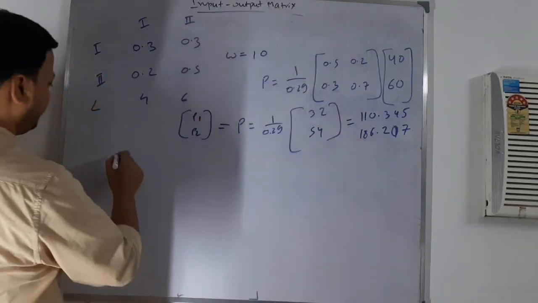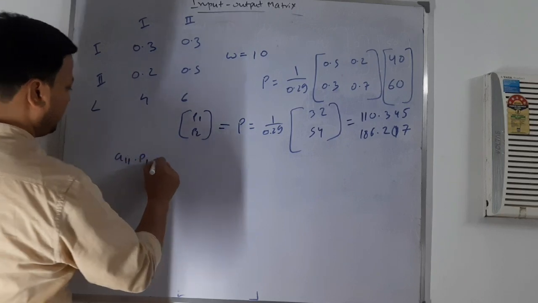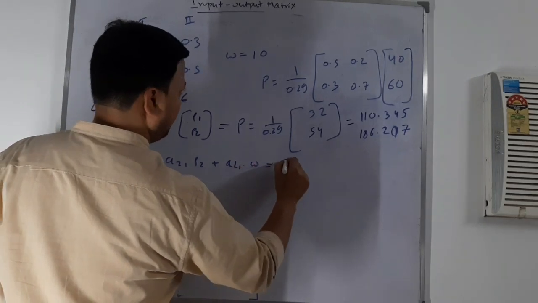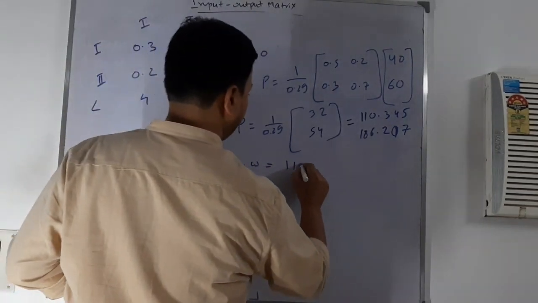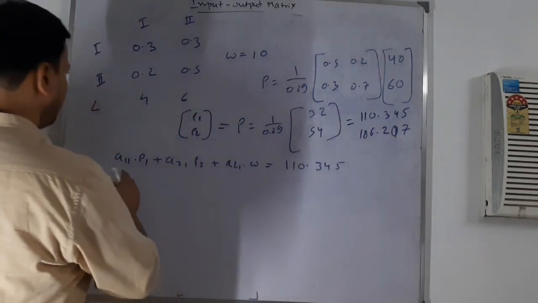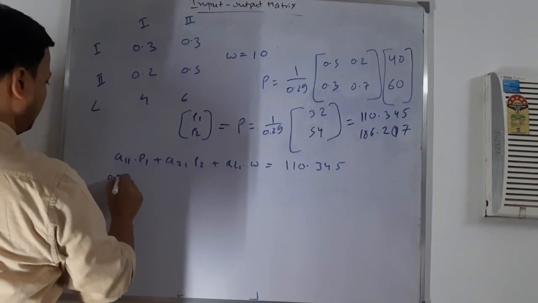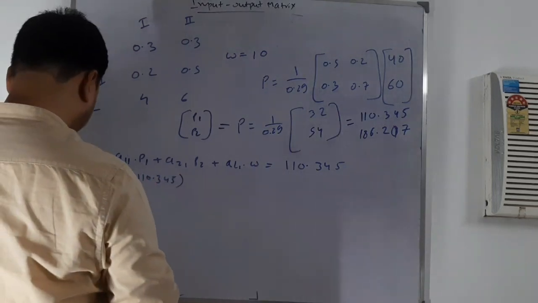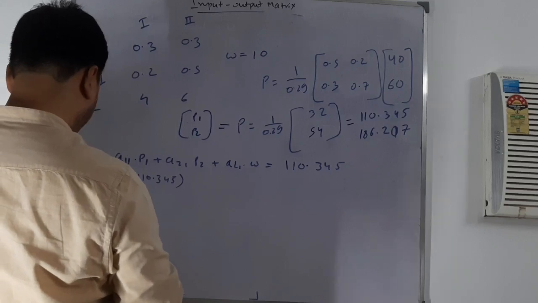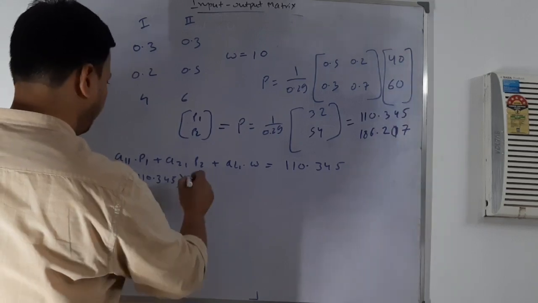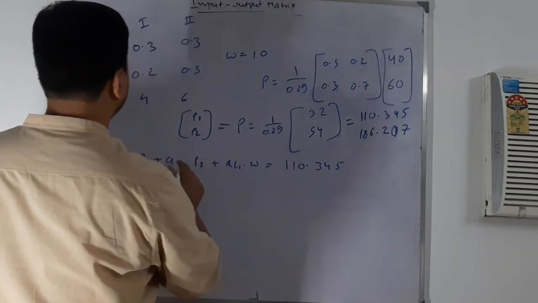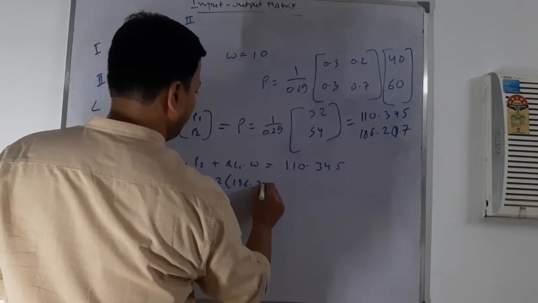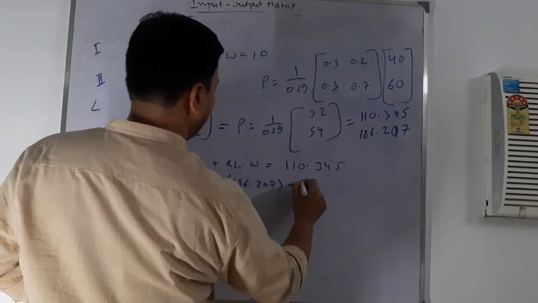If you remember the formula, A11 into P1 plus A21 P2 plus AN1 into wage equal to P1. P1 is 110.345. A11 you know is 0.3 and P1 is 110.345. So this will give us, let me write it first, plus A21 is 0.2, price is 186.207, and this is 40.